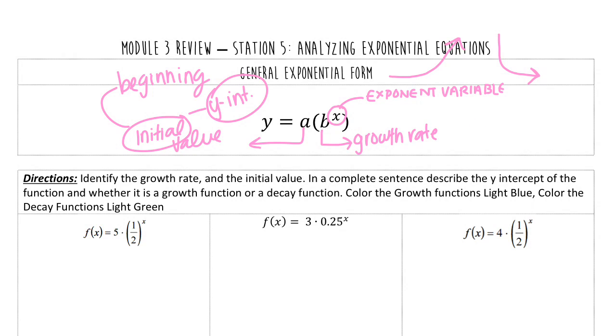If b is bigger than 1, then you have a growth function, which means it's growing. But if b is less than 1, not a whole number but a decimal, this means you have a decay function.